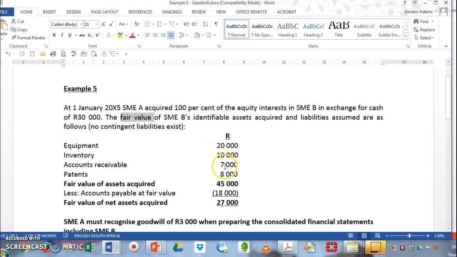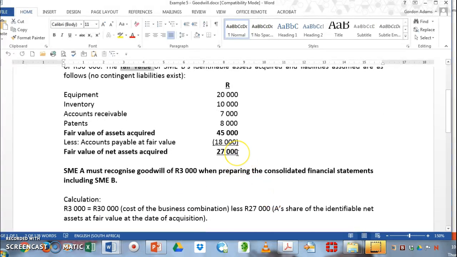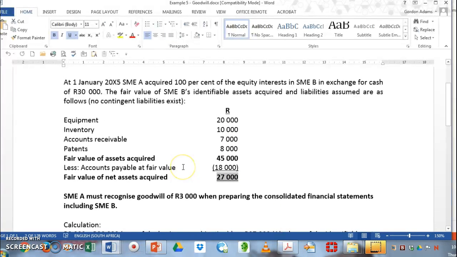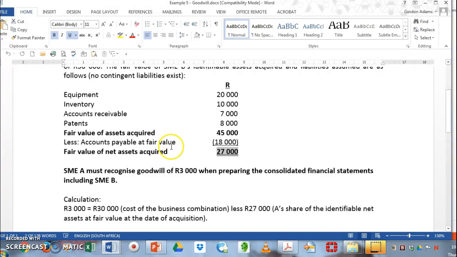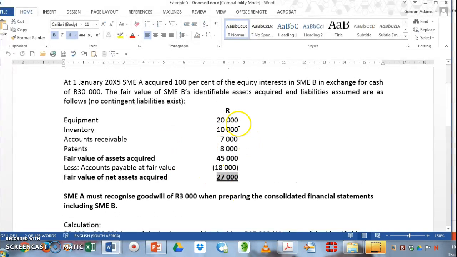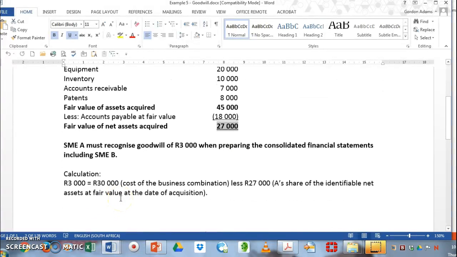Equipment, inventory, accounts payable, accounts receivable, patents, fair value of assets acquired, less the accounts payable, which gives us the fair value of the net assets acquired of SMEB. So the question is, how much have we paid to acquire this company? We paid 30,000 Rand. And essentially, we're only receiving a fair value of 27,000 Rand, which means that we have overpaid by 3,000 Rand.